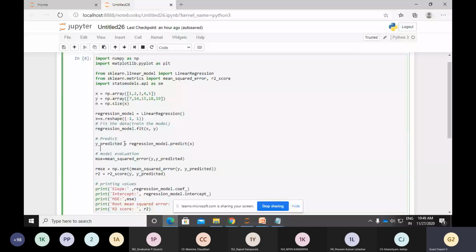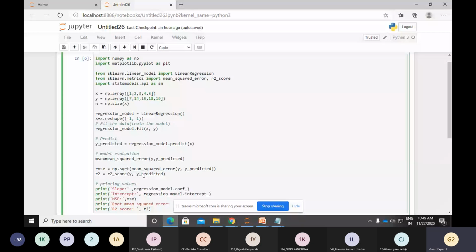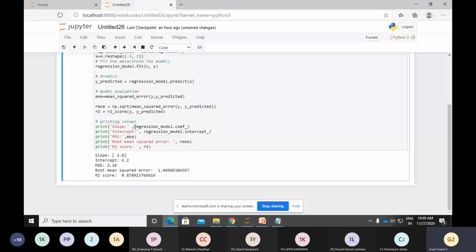For the errors also, some functions are readily available in Python. So here everything is calculated using built-in functions. Now if I run this program, you can see in the built-in regression model the values of theta 0 and theta 1.